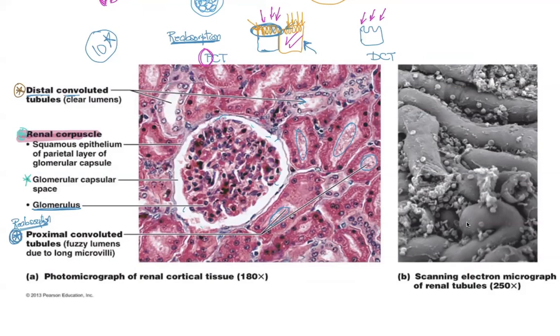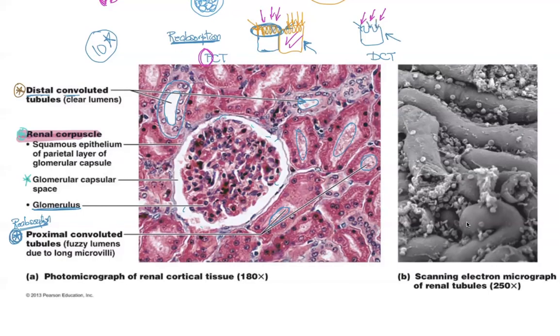And the tubules that will have clear lumens, so a clear lumen on here, clear, it's not fuzzy. So this tells me that those tubes are lined with cells with less microvilli. So they don't have that much microvilli.